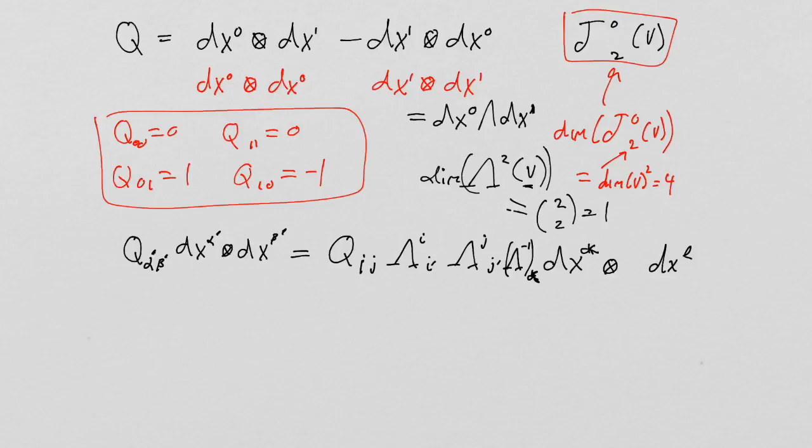So this should have been an alpha, and this should be a gamma, sorry. And this should be an alpha prime, and then this is another contravariant matrix, and it should be a gamma prime, like that.